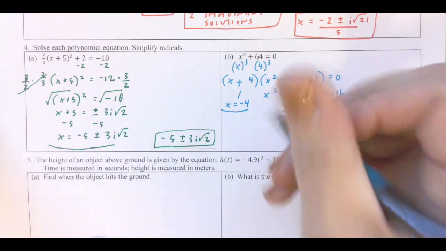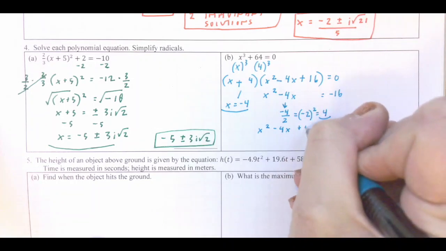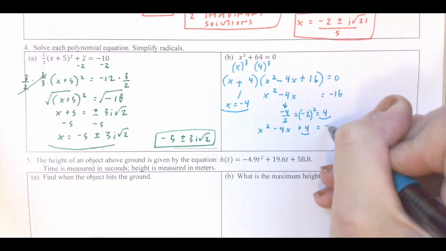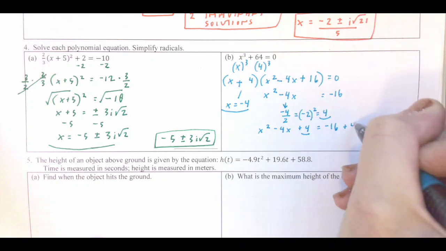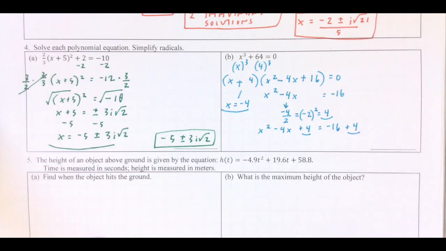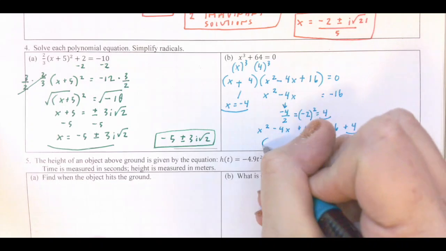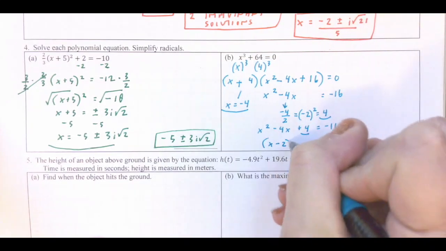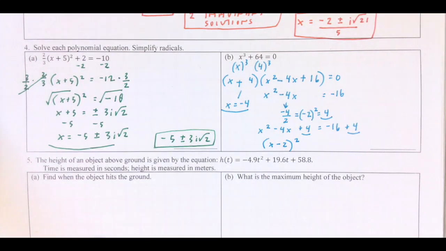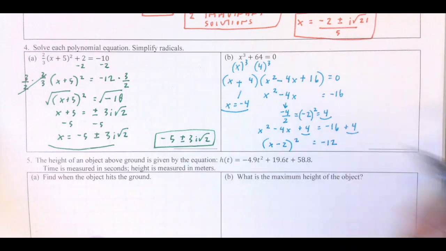So now on the left side, I have x squared minus 4x plus 4. But I have to balance it on the other side, so add 4 to the other side as well. The whole point of doing that is that this is a perfect square trinomial. It factors into a binomial squared: x minus 2 times x minus 2. So x minus 2 as a quantity squared is equal to negative 12.